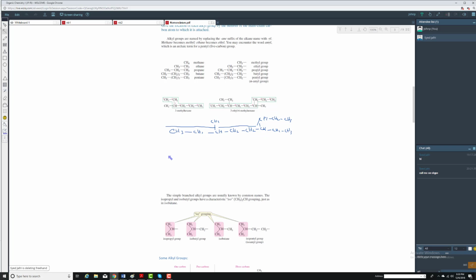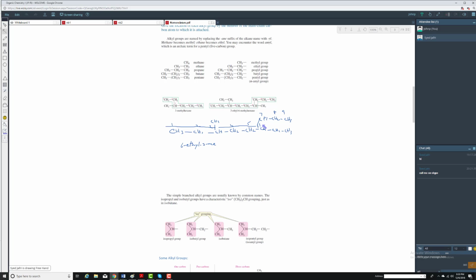When writing, you always write alphabetically. 6, 7, 8, 9. What will you write first? Let's start with this side. Even if it is coming at 6, it doesn't matter, but the first substituent will appear where?